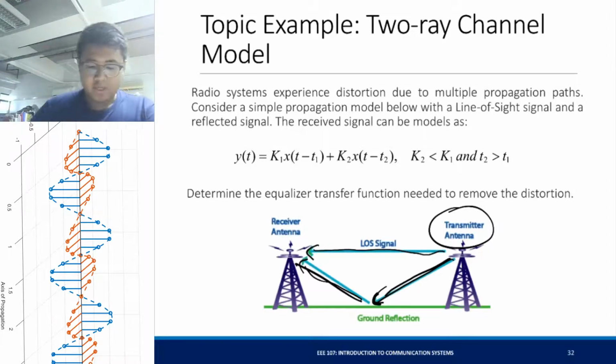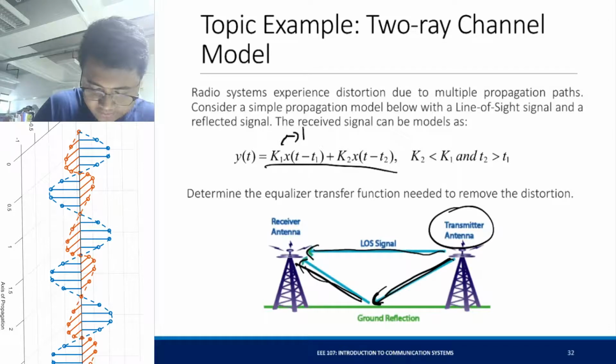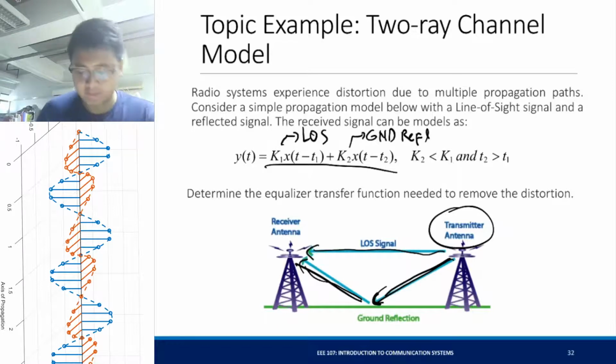Okay, now the output of this system is equal to this. This is from your line of sight signal, and this is from your ground reflection. Okay. Note that this K2 right here is less than K1. Why? Because the signal needed to travel a longer distance just to get to the receiver, and the time it arrived is greater than the time of arrival of the first signal.